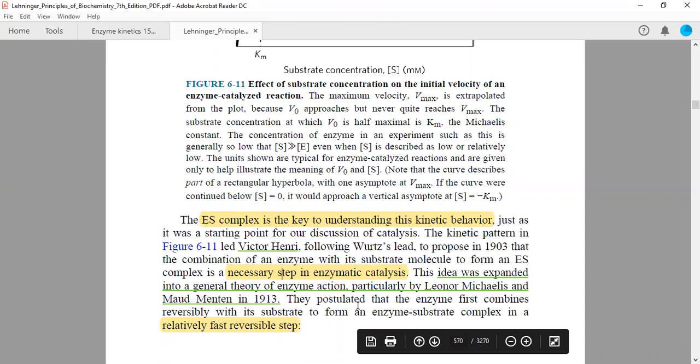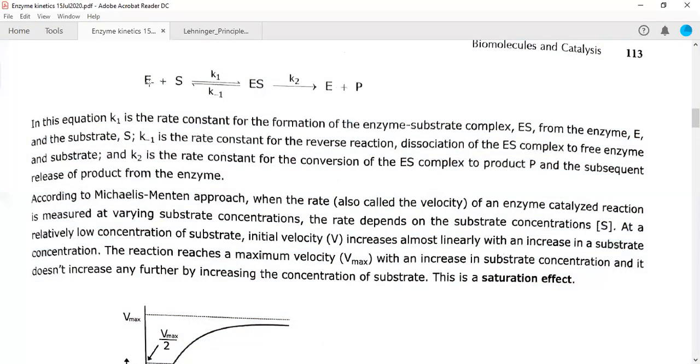They postulated, Michaelis and Menten, that the enzyme first combines reversibly with its substrate to form the enzyme substrate complex, and this is a relatively fast reversible step. So the first step is fast: the enzyme will very quickly bind with its substrate.